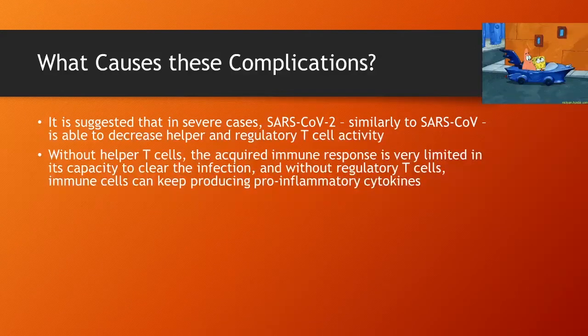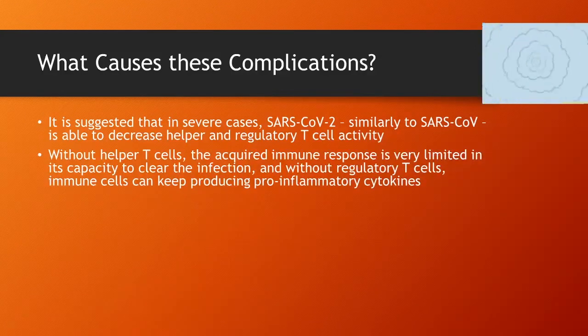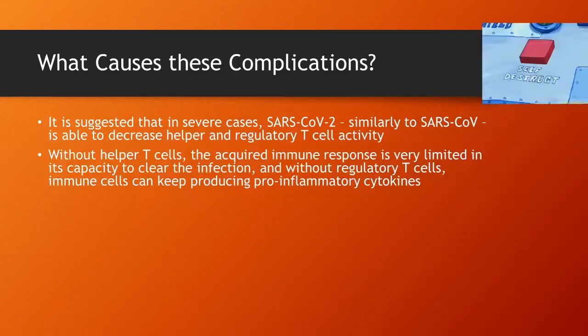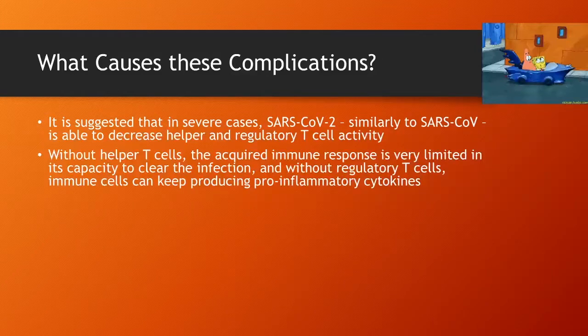But if SARS-CoV-2 in some cases will actually decrease the activity of these regulatory T cells, then the other immune cells will keep producing these pro-inflammatory cytokines, which will increase inflammation and increase damage to the surrounding tissue.